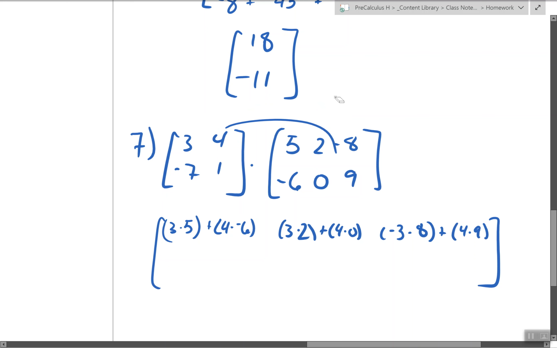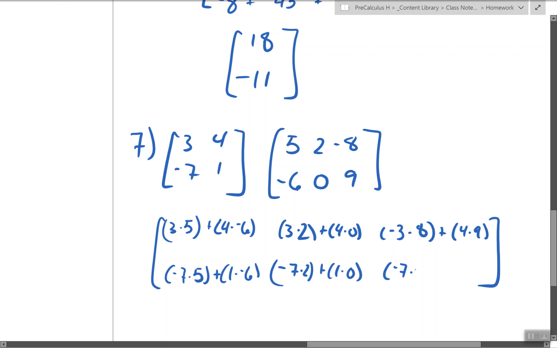And then we move down to the second row and do the same process. So we have the 7 and the 5, negative 7 times 5, plus 1 times negative 6. And then we do that to the second row, so it's going to be negative 7 times 2, plus 1 times 0. And then in the final row, we have negative 7 times negative 8, plus 1 times 9.